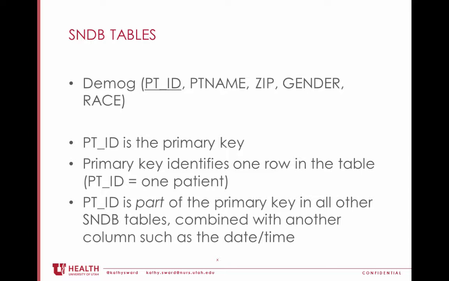So you'll recall from week 1, the primary key is the column or set of columns that identify each individual row in the table. So you can think about the idea that patient ID is sort of your identifier for one patient. That is part of the primary key, but not the entire primary key, in other tables in the SNDB. Now, most often the patient ID plus something like a date time column is what constitutes the primary key in the other tables.